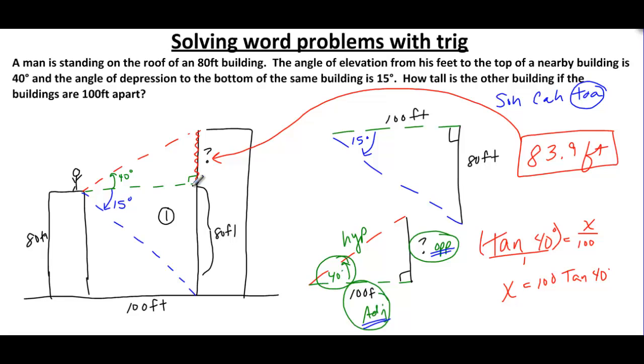But I wanted to know how tall is the whole building, not just the missing part. So I have to take the 83.9 and add the 80 feet that we already know is below it. So my final answer should be 163.9 feet, which is significantly taller than the other building, over twice as big. And that is your final answer.